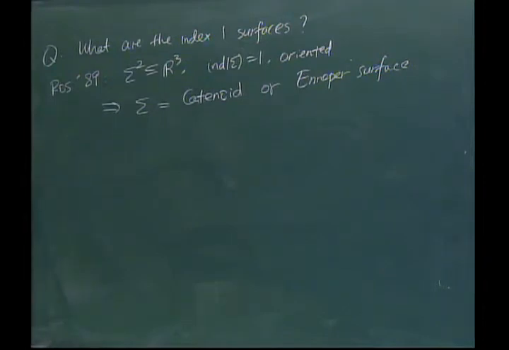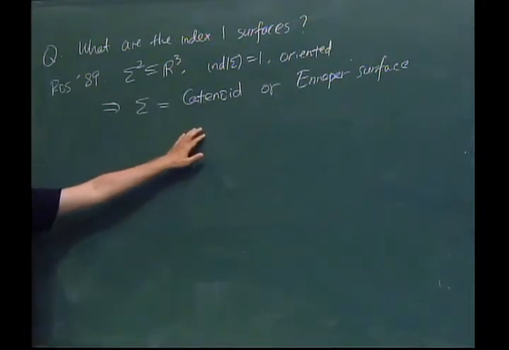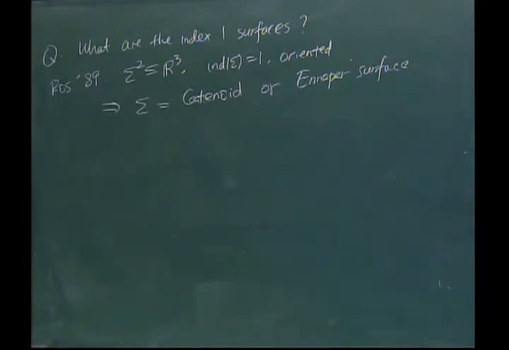So in particular, if you say sigma has finite total curvature, then it is the catenoid, right? So index 1 surfaces are expected to be quite unique, right? So they are catenoid, basically.